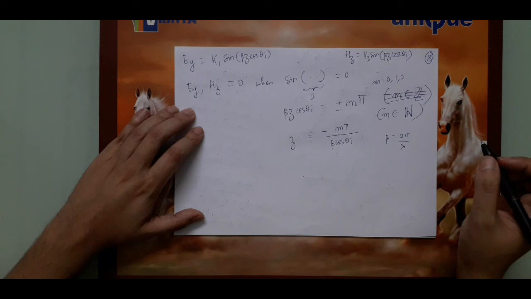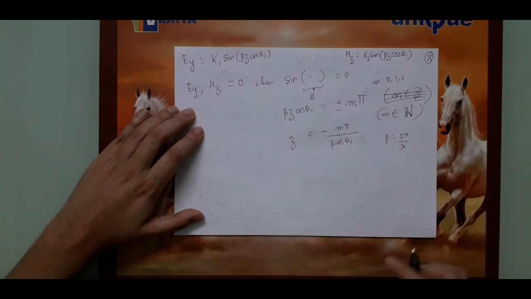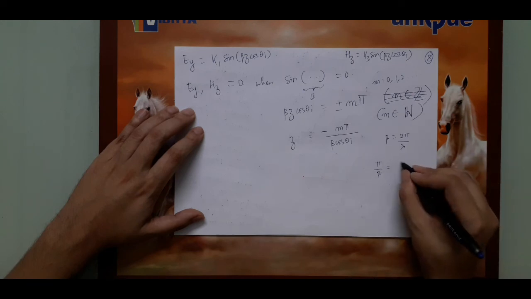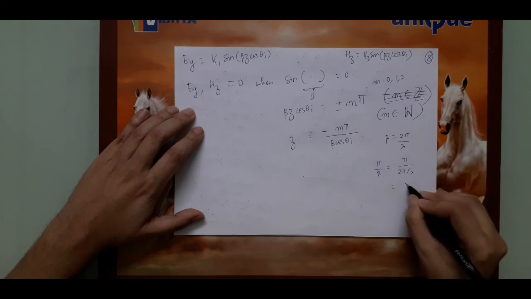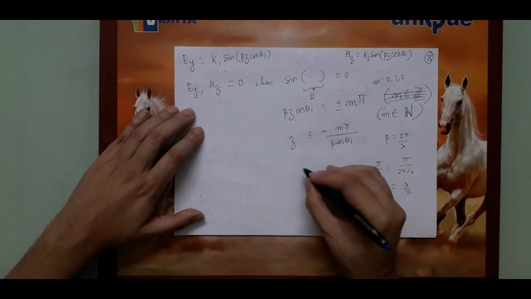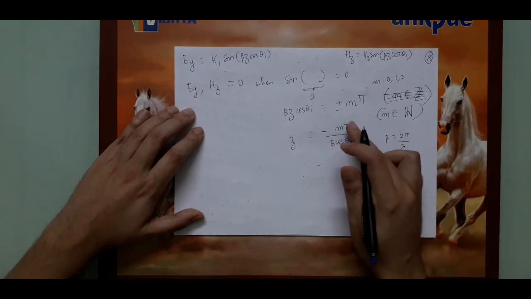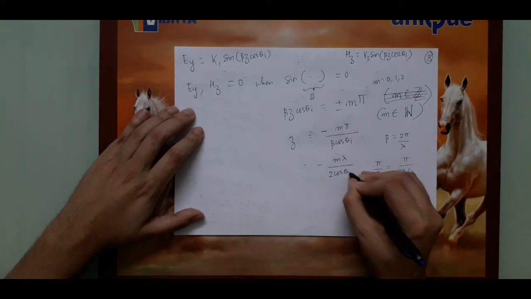So if I now write this quantity pi by beta, pi by beta will be pi by 2 pi by lambda, which is nothing but lambda by 2. So now I can substitute this lambda by 2 in place of pi by beta. So I can say minus m lambda by 2 cos theta I.